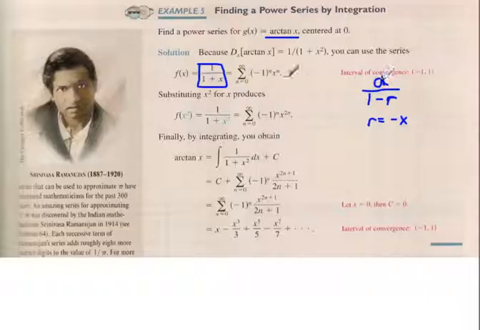So the a is 1, so you've got an implicit 1 here. And then negative x to the n, remember that's going to be negative 1 to the n, there you go, and x to the n. So this guy can be written as this series, and its interval of convergence is going to be negative 1 to 1. So not a fantastic interval of convergence, but it is centered at 0 like we wanted, right?